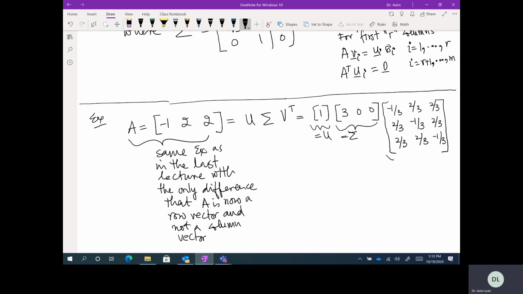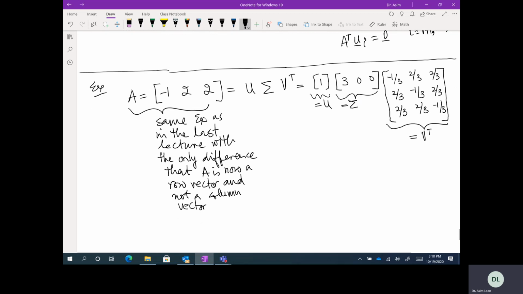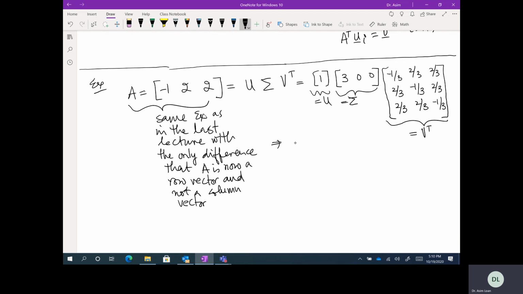Okay, and this is V transpose, and if you compute your A, you can do that at home, I'm not going to do this for you, this is simply minus 1, 2, 2, 1 over 9.